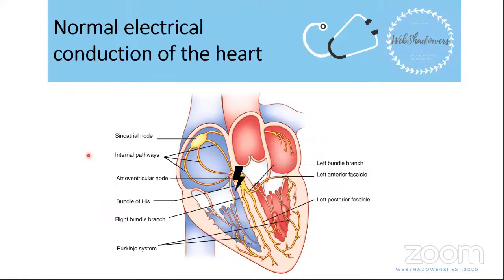Once we're at the AV node, that signal gets propagated down the conduction system to what we call the bundle of His and the Purkinje fibers. We sometimes just group these together and call it the His-Purkinje system. After it passes the AV node, it goes through the His-Purkinje system. And these little fibers, you can see these yellow lines drawn out here, go all the way down the septum and into the actual walls of the ventricles themselves, and they activate the ventricles.